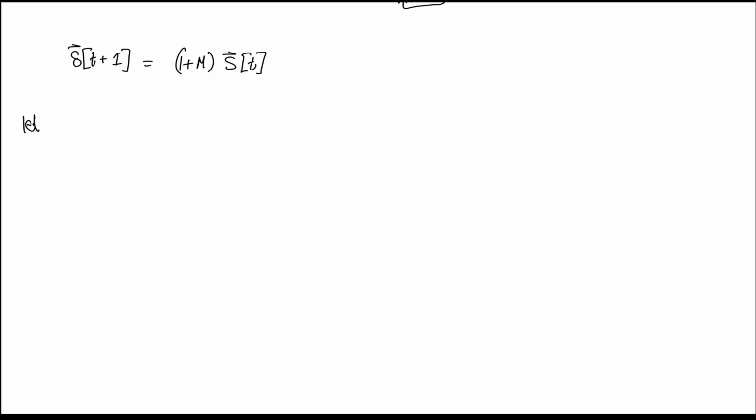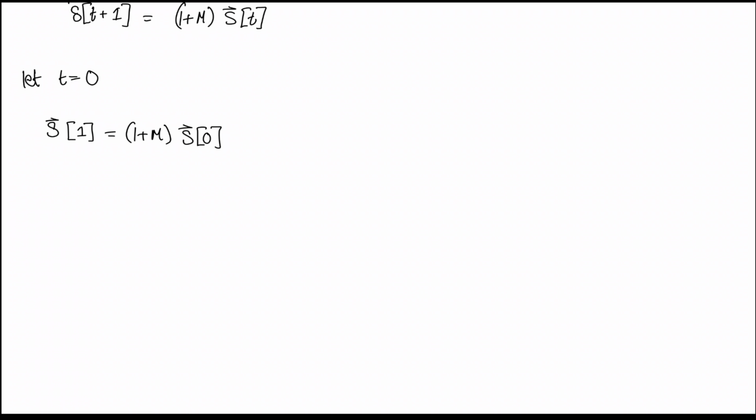If I let t is equal to 0, just to see what happens to these deviations, we get delta 1 is equal to (1 plus m) delta 0. And if I let t is equal to 1, we get delta 2 is equal to (1 plus m) delta 1. And we can substitute this back in.